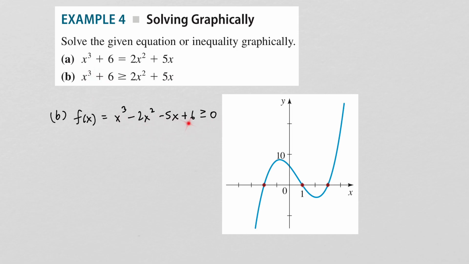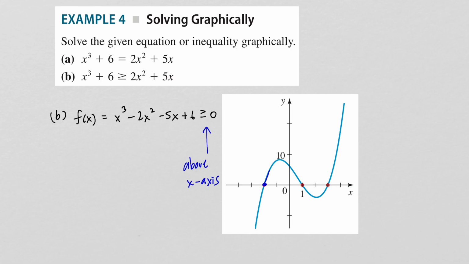And if I let f of x be this function, which means it's equal to this over here in terms of its graph, then f of x greater than or equal to 0 simply means when is it above the x-axis, right? When it's equal to 0 is when it touches the x-axis. So when it's greater than or equal to 0 is when it is above or touching the x-axis.